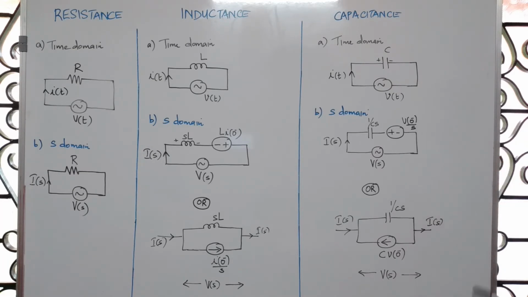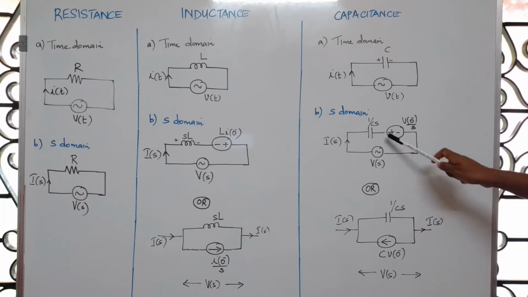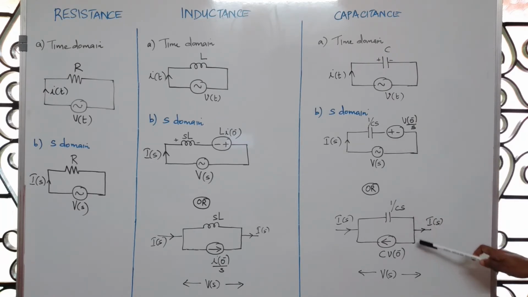And if there is no initial voltage across the capacitor, v(0-) will be 0. So this term will not be present, it will be simply 1/Cs. Another equivalent circuit of this: impedance in series with a voltage source is represented by impedance in parallel with an equivalent current source. So this is a summary.